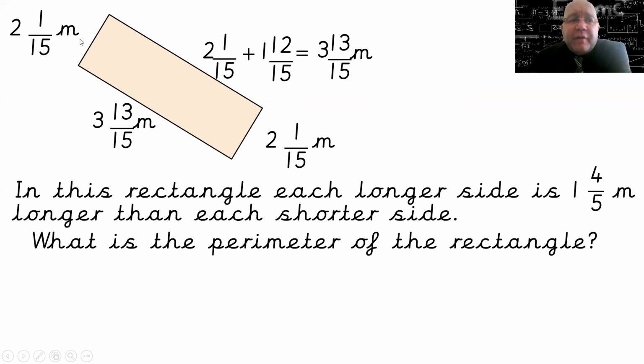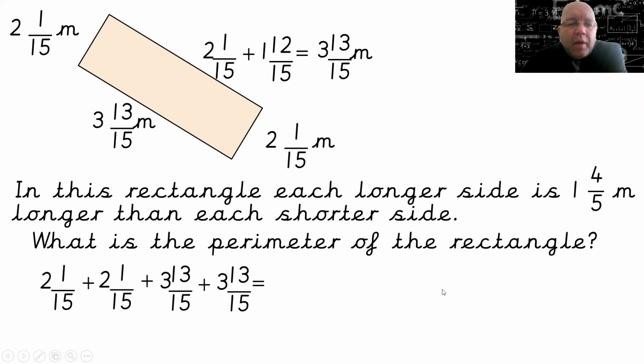So we've now got our 4 sides. We've got 2 and 1/15, 3 and 13/15, 2 and 1/15, 3 and 13/15. All we need to do now is add them all together. Okay? And because they're already in 15ths, it's actually reasonably straightforward. We've got 2 plus 2 plus 3 plus 3, so we've got 10 whole ones. And then we've got 28/15ths.